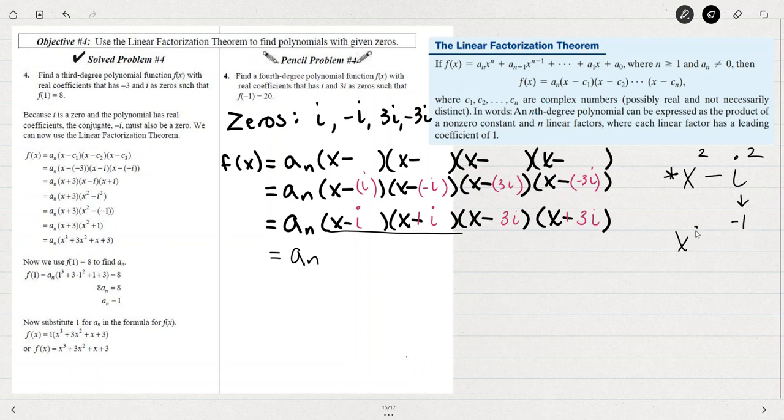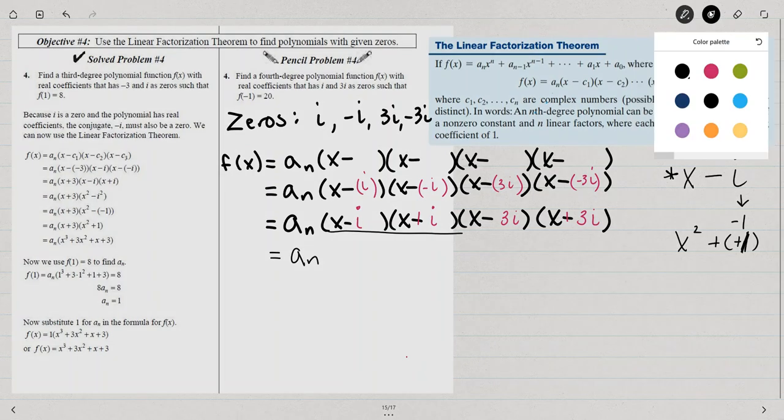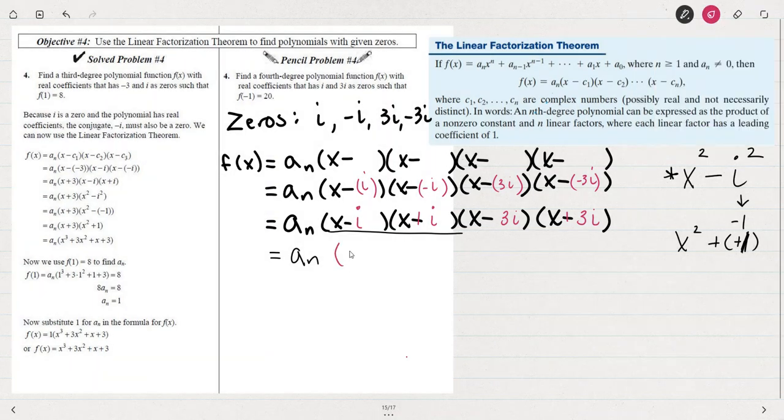So this is x squared minus -1, which is the same thing as x squared plus a positive 1. So when x minus i and x plus i are multiplied together, I'm getting x squared plus 1.